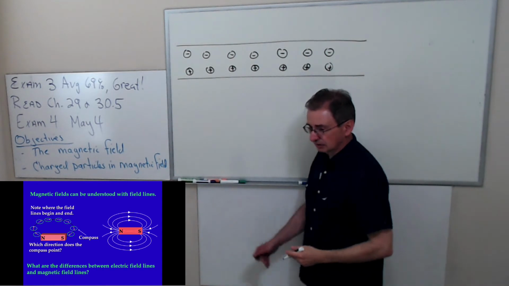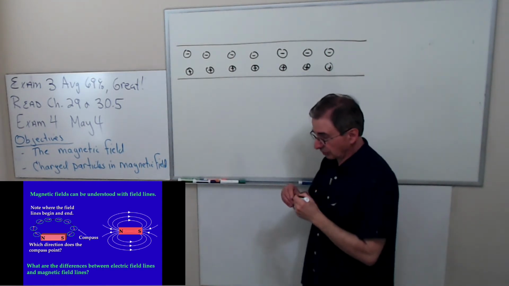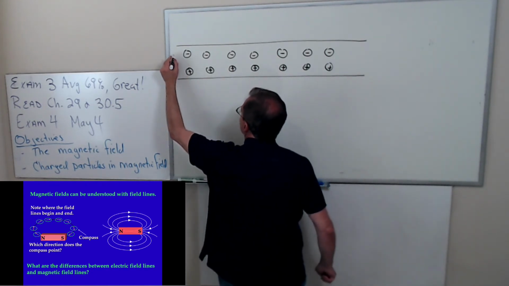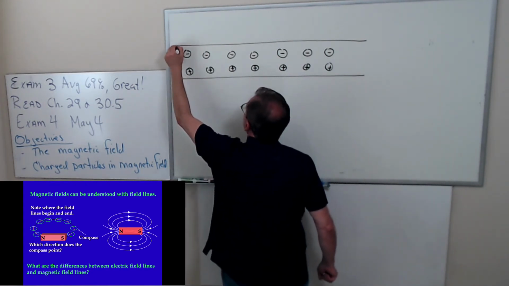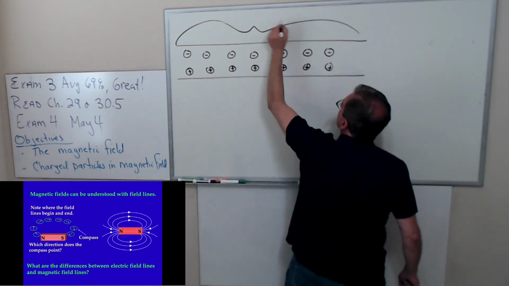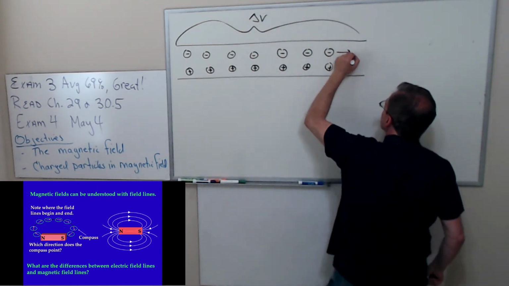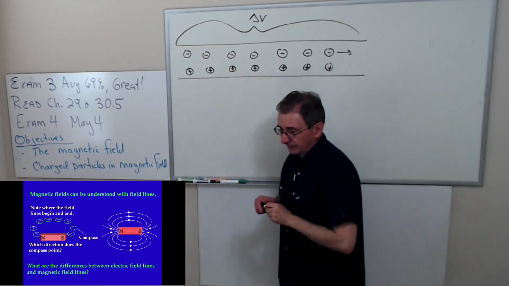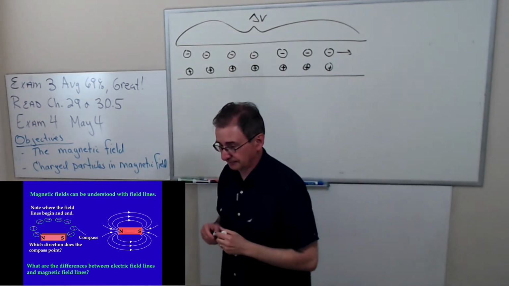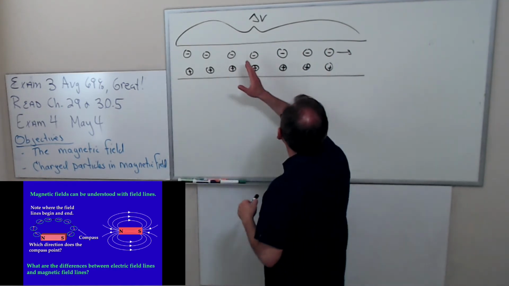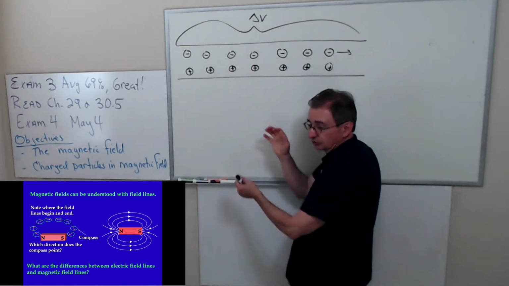It's neutral, right? The charge is on average neutral. Now let's run a current. Let's hook it up to a power supply, so that the electrons move in this direction at some constant velocity. Okay? So the electron's moving from left to right. On average, this thing is still neutral, right?